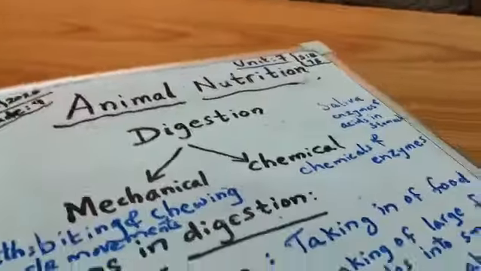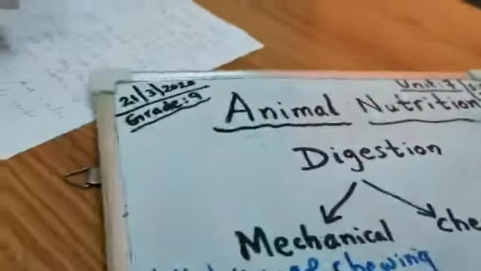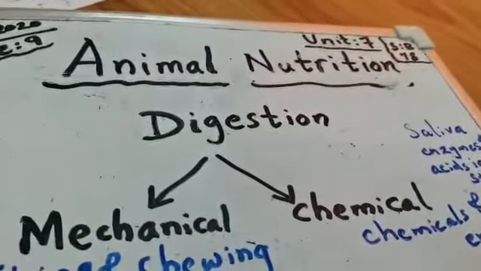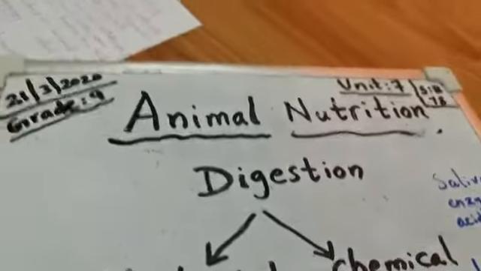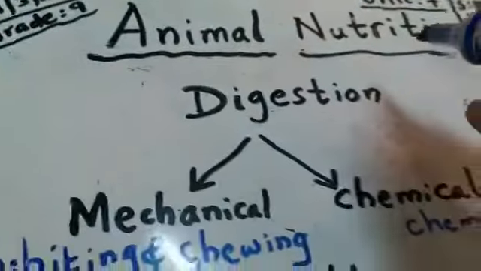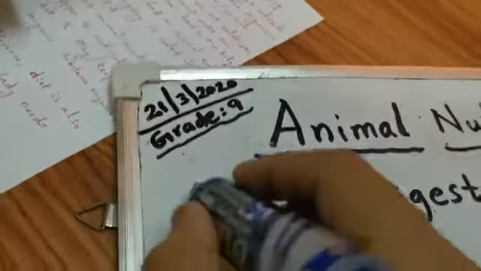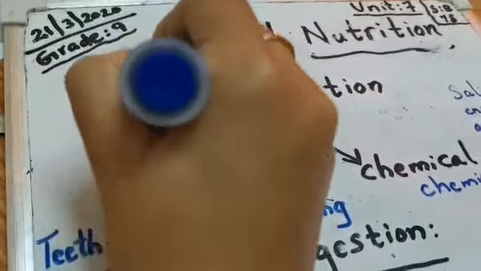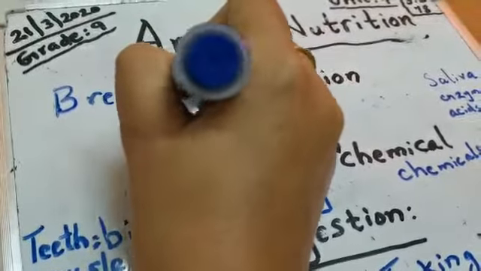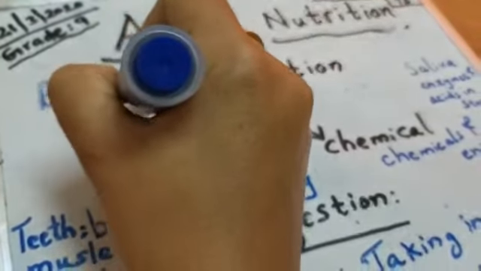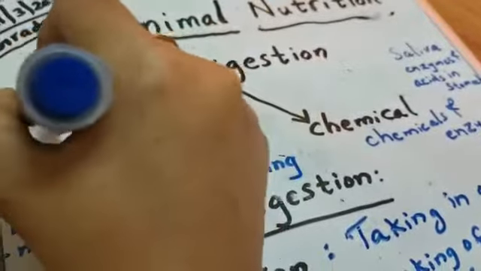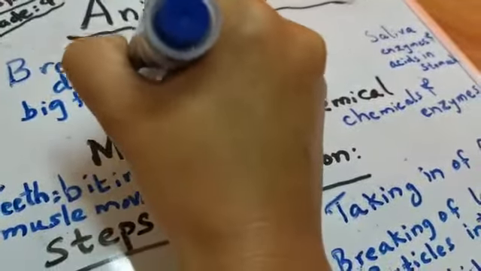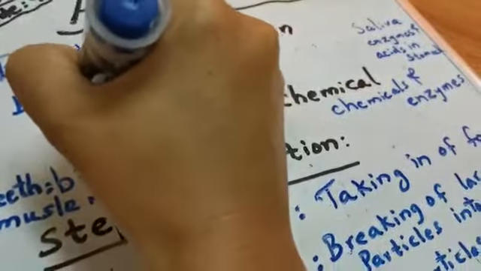Digestion is the process of breaking down of food particles into smaller pieces. So you can say, breaking down big food particles into small food particles.